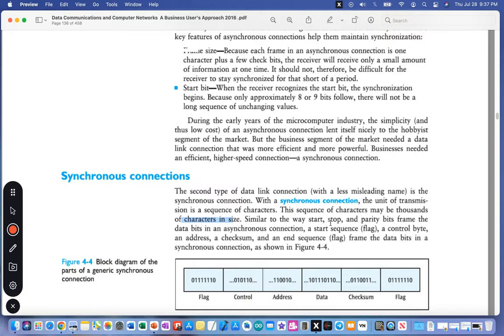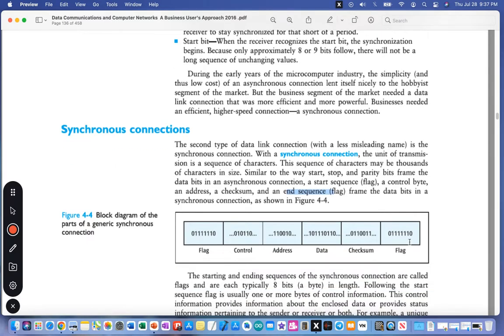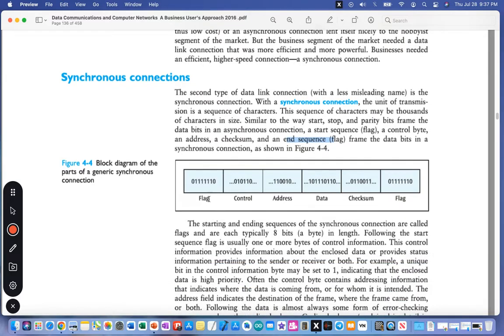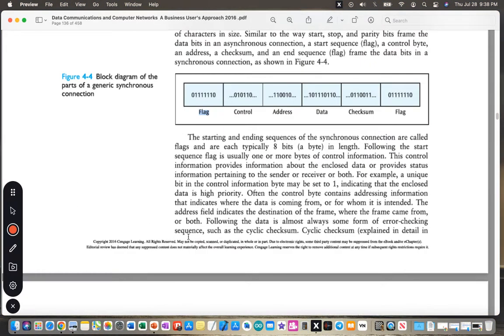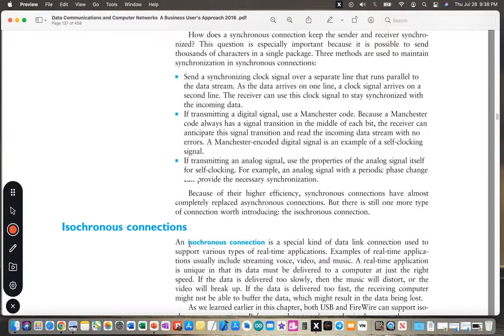Similar to the way start, stop, and parity bits frame data, in a synchronous connection the start sequence flag, control byte and address, checksum, and end sequence or flag frame the data. So flag, control, address, data, checksum, flag. A block diagram of the parts of a generic synchronous connection. All right. So we have the synchronous and asynchronous.